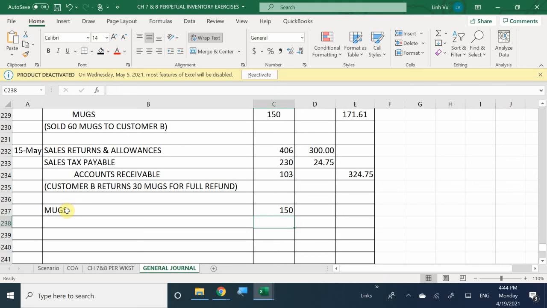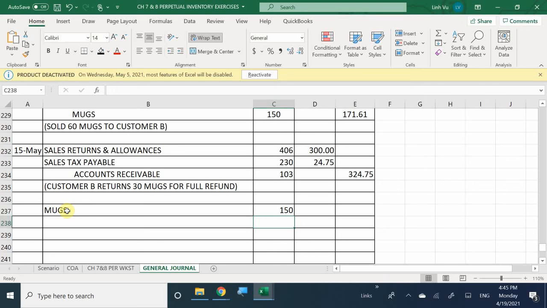All right, let's listen to my words carefully one more time. If I returned something I sold, sales returns and allowances? No, we already did that at the top. Oh, that's right. Okay.